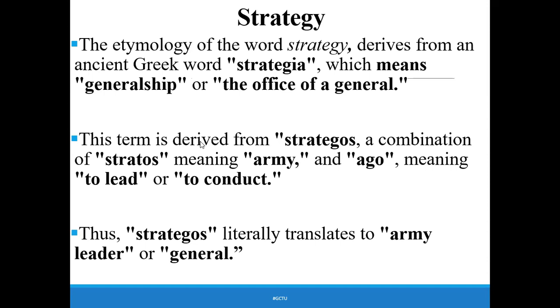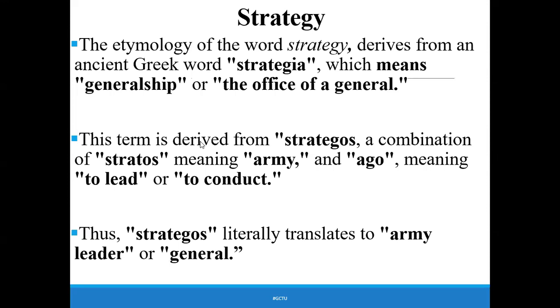According to the Greek literature, stratos can simply be discerned as an army, whilst ego can be discerned as the ability to lead or to conduct. So strategos, in essence, can literally be translated as an army leader or a general. In essence, all that I'm trying to say is that the concept of strategy that we have now has its roots coming from ancient Greece.